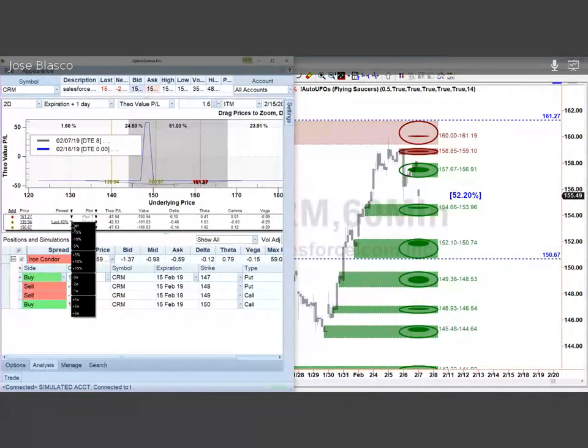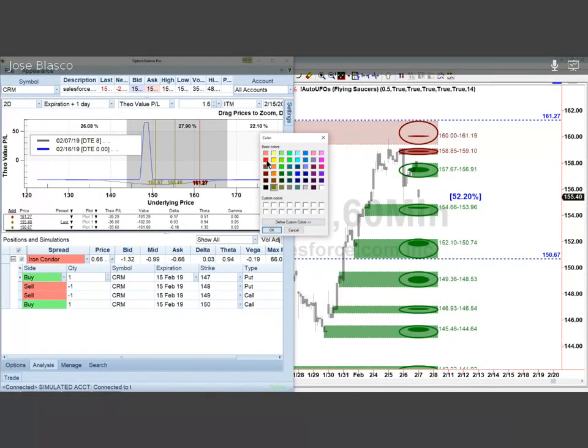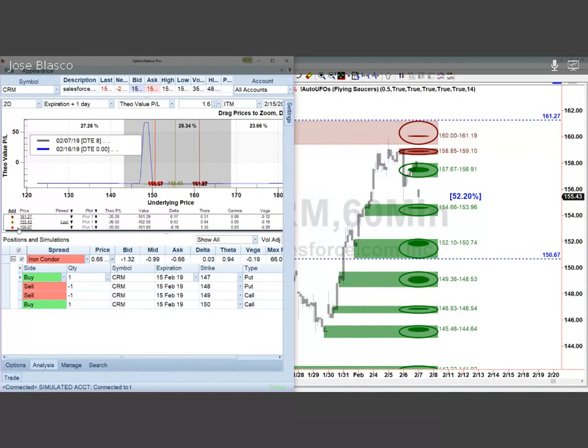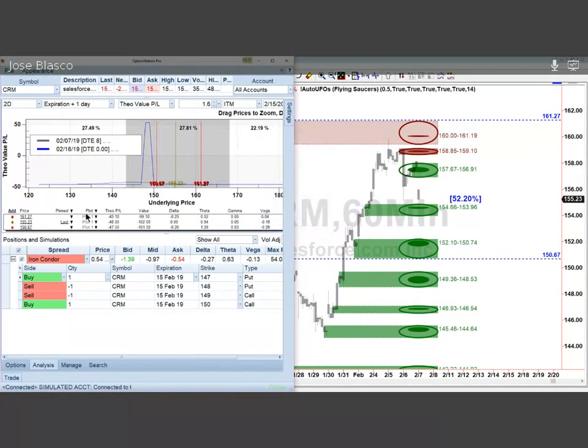The current price is the one in the middle, last. So current price 155. Below, let's make it red color, 150.67. Above, let's make it red color, 161.27. So basically this is the plan for the trade.